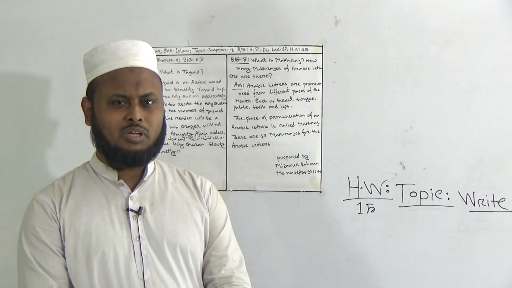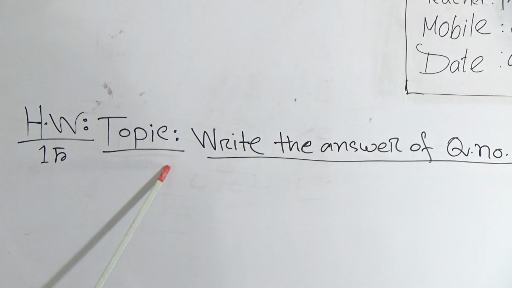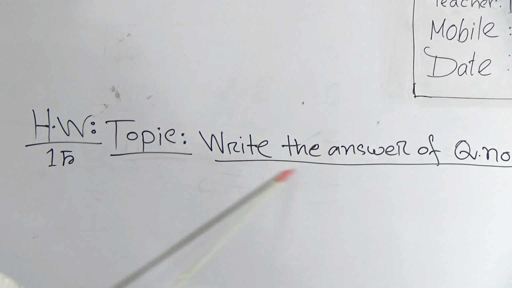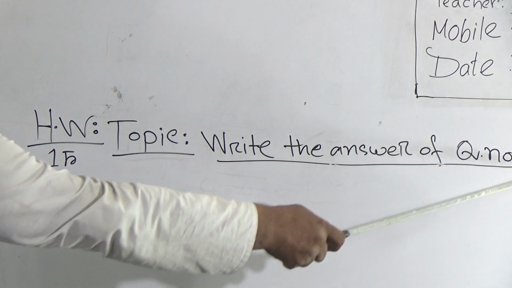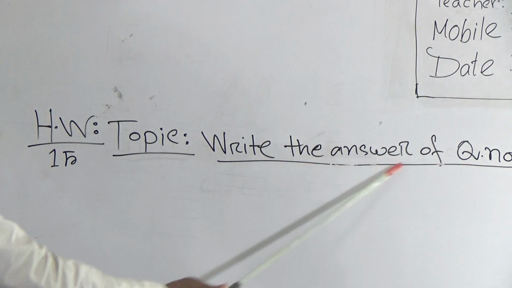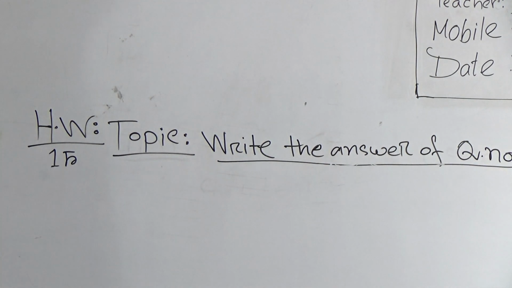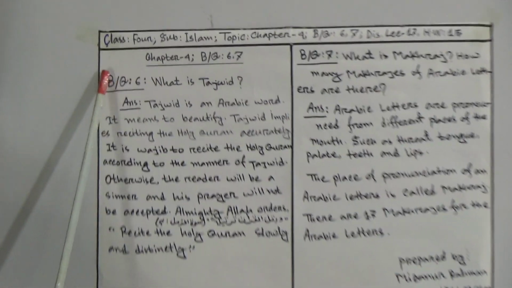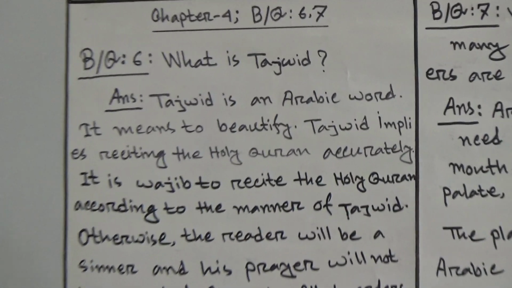And now I want to give your HW for today's class. Today's HW number 15, and the topic of HW is: write the answer of question number 6. Write the answer of question number 6. Okay, dear students, you have to do your HW, this question number 6. What is Tajweed? You have to write down from here to here.